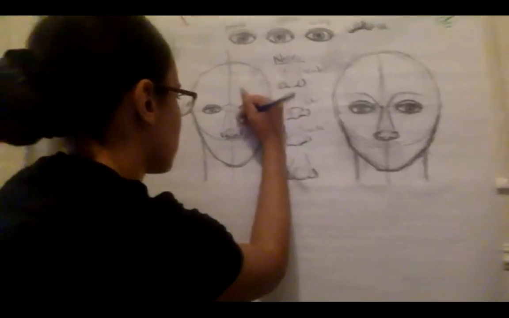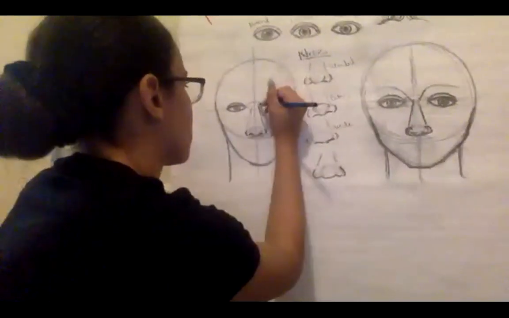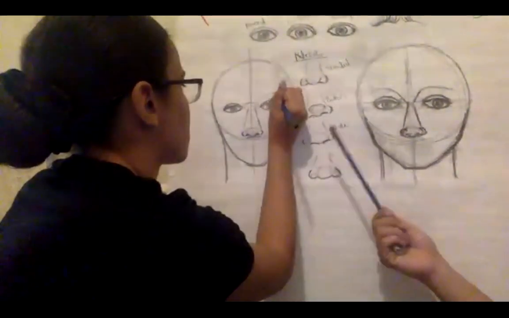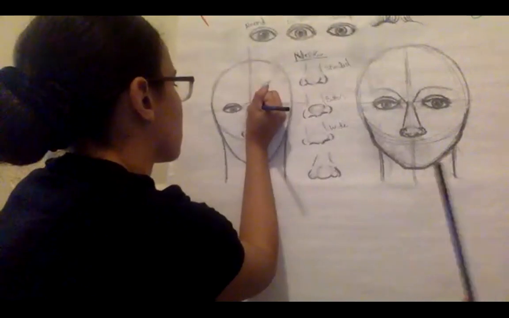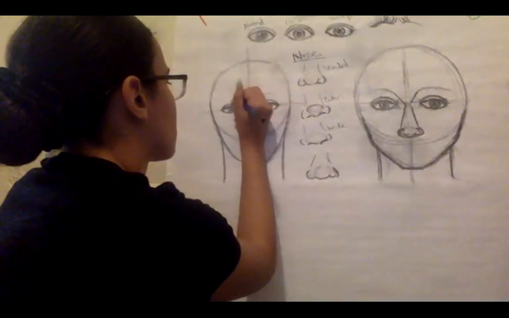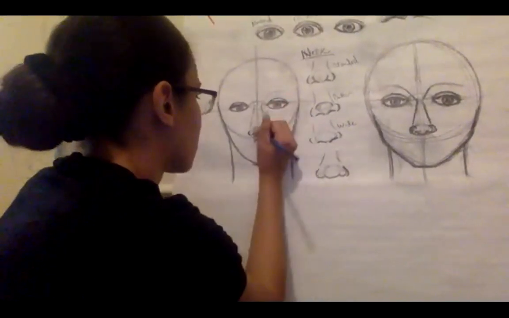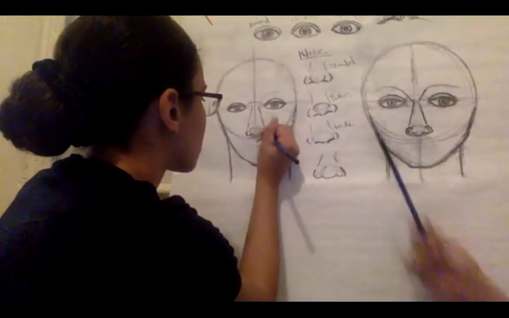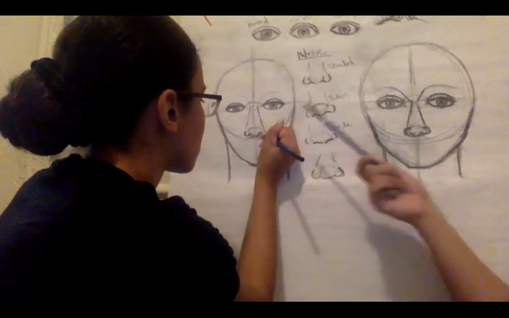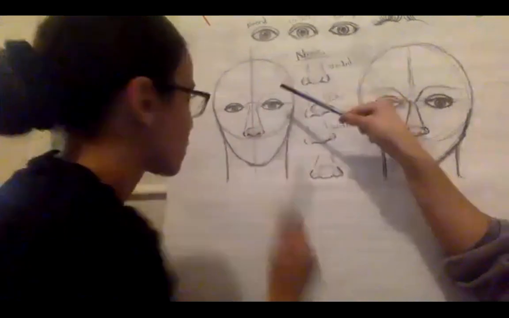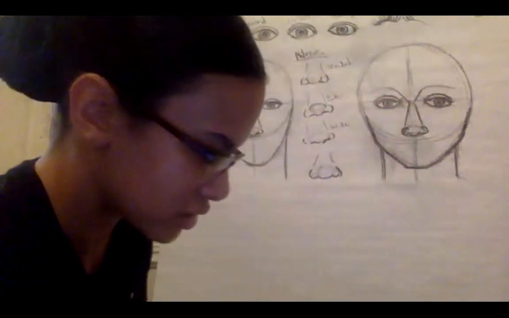Alright, so Mrs. Butler is showing you her bridge. So we showed that I had a combo between button and wide. Mrs. Butler has a perfect little button nose. And so she used the reference of the button to create her nose, her bridge, and where her eye is.